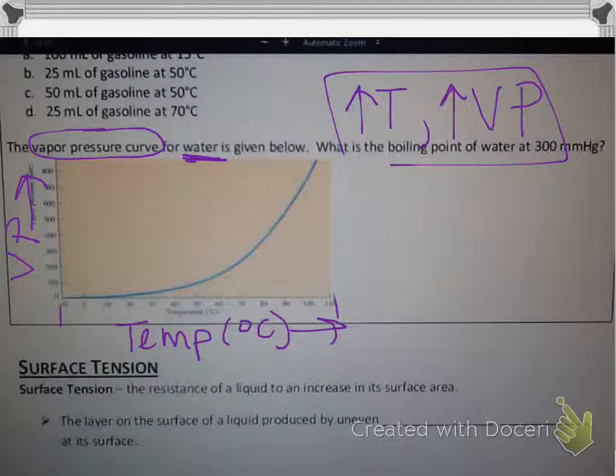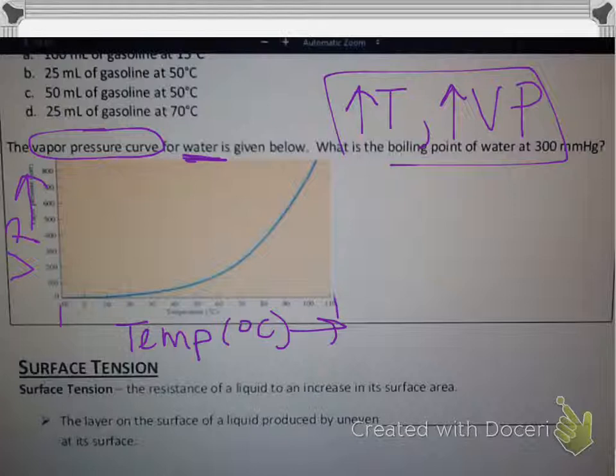So this is the trend that we were talking about before. Now, when you read this curve, if you're given the temperature of water, you can find its vapor pressure very easily. This actually comes in quite handy for chemists. We use vapor pressure curves a lot when we're doing things like distillation processes of liquids or evaporations.